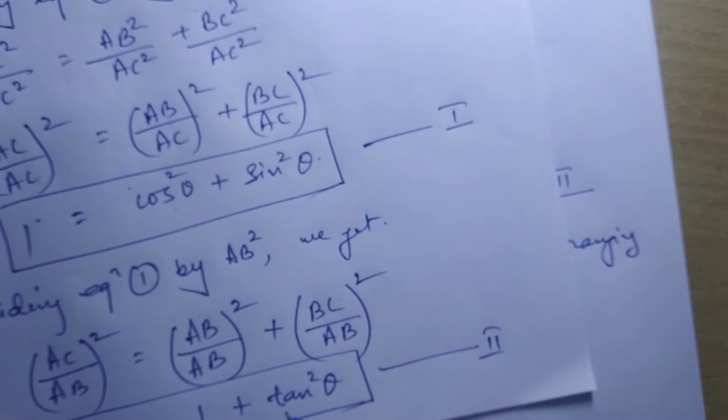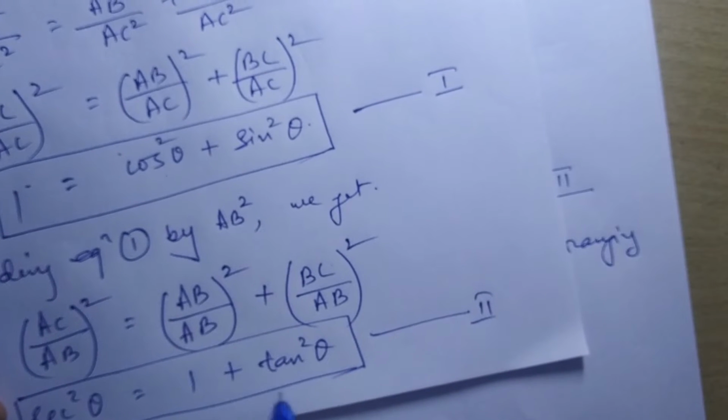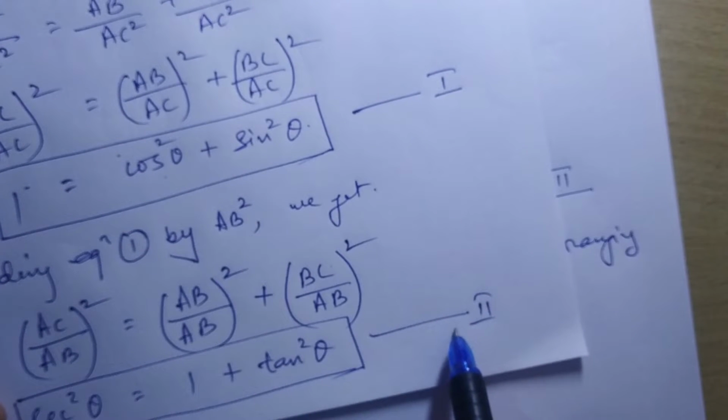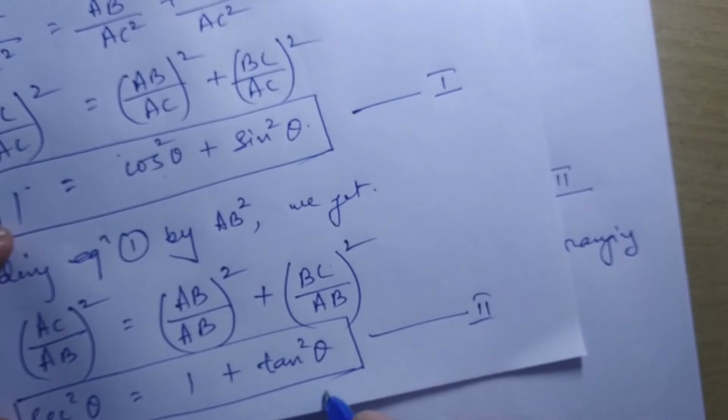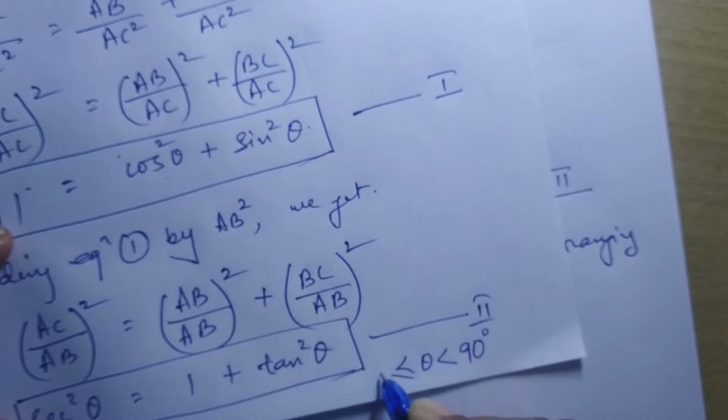For 90 degree, do you get the value of tan theta? It is not defined. So for this particular equation, it stands true only when theta is from 0 degree up to, but not equal to, 90 degree.